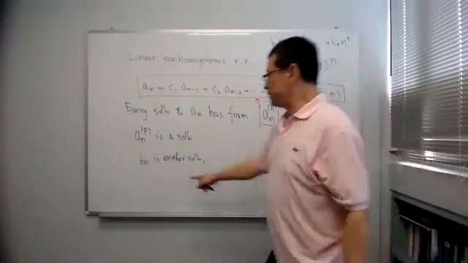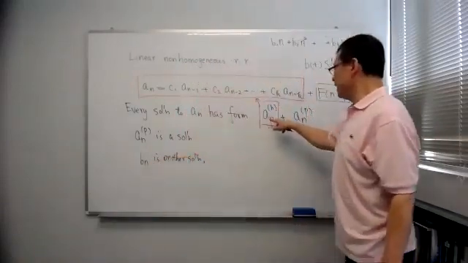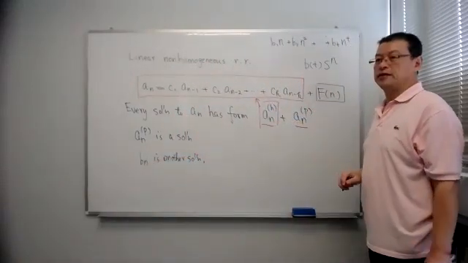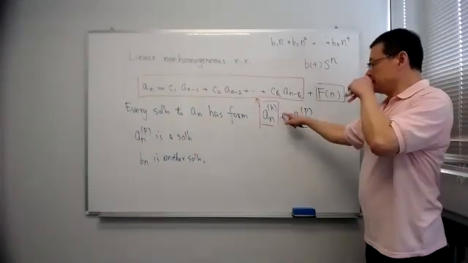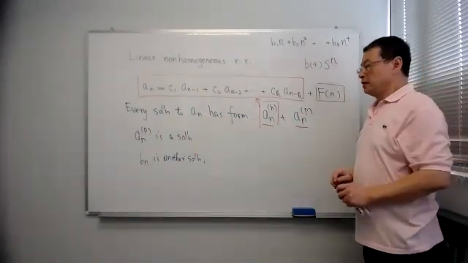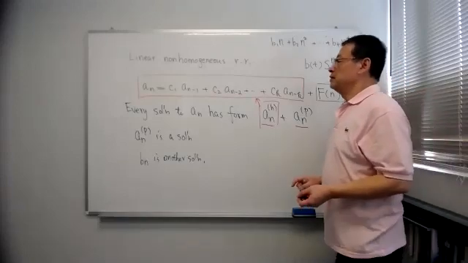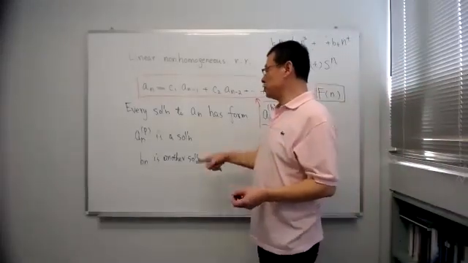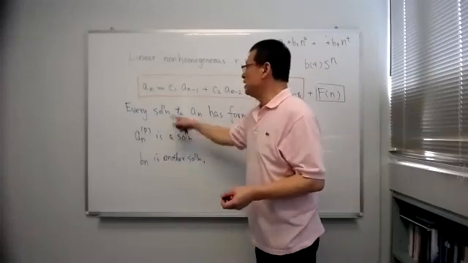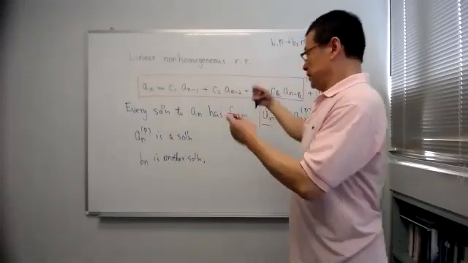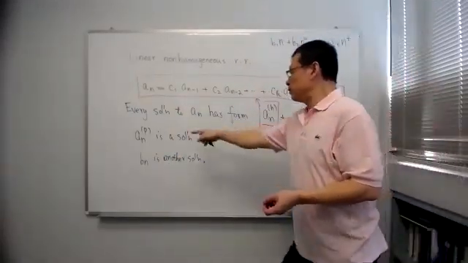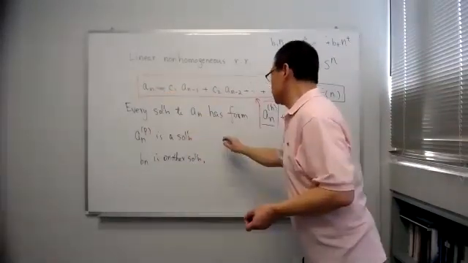What we are going to show is that b n can be represented as this one plus this one. That shows any solution is of this form. So how do we do it? It's actually very simple. By assumption this one is a solution and this one is a solution, so we have two equations. We replace a n by this one, and that's what we get.